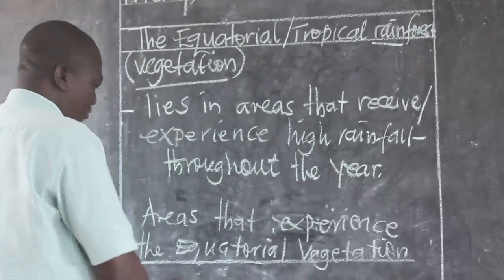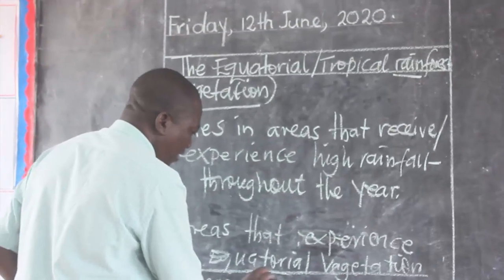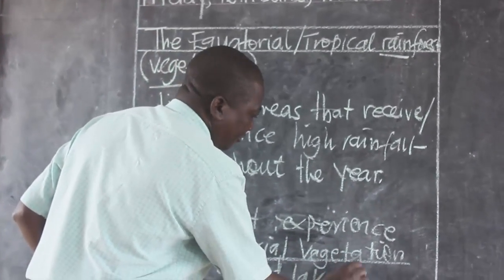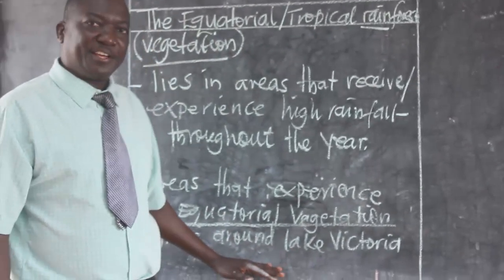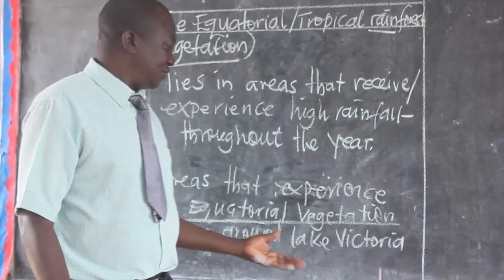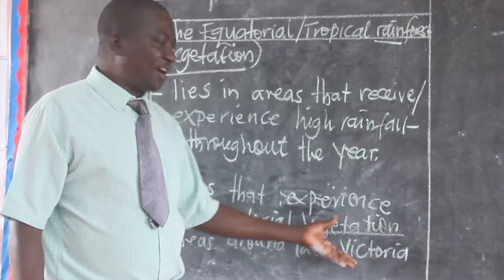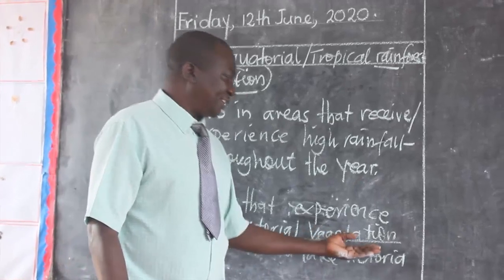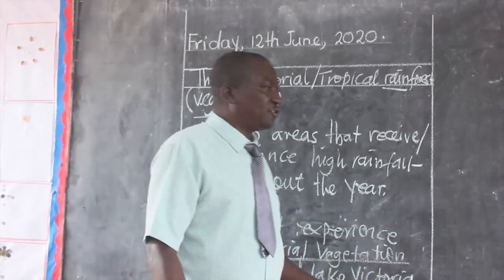So in Uganda, we have areas around Lake Victoria. Areas around Lake Victoria in Uganda. Therefore, you can be asked a question that write down one place or area in Uganda that experiences the equatorial vegetation. So one of them is areas around Lake Victoria.